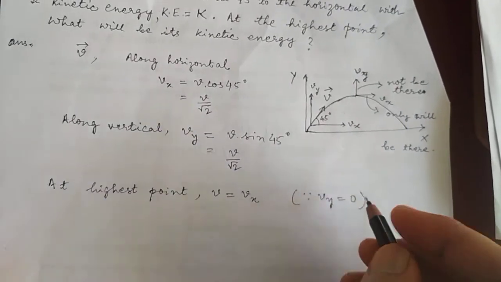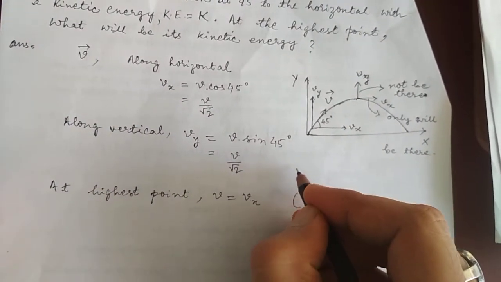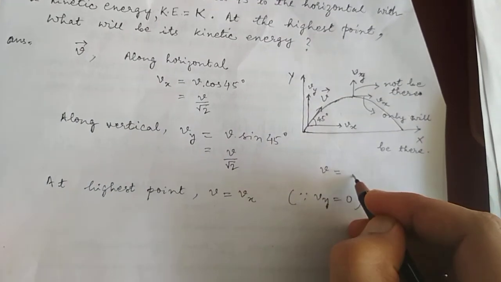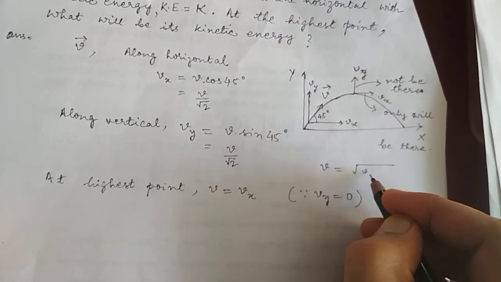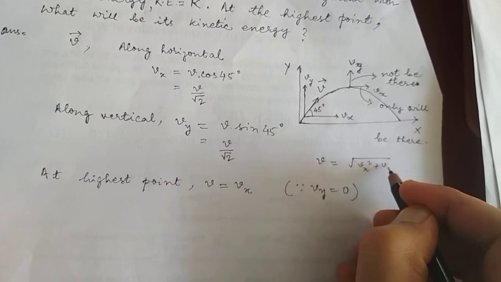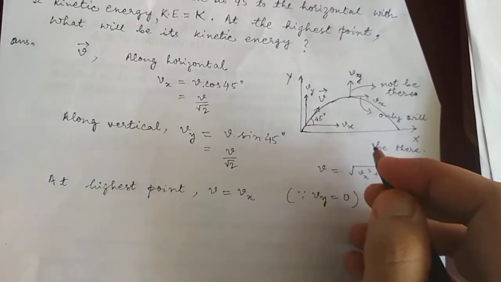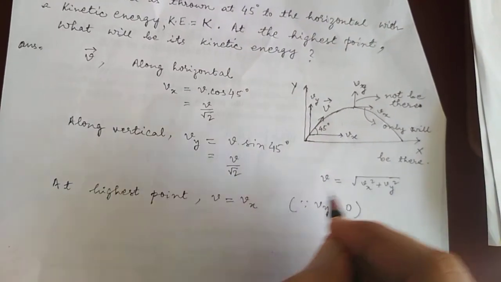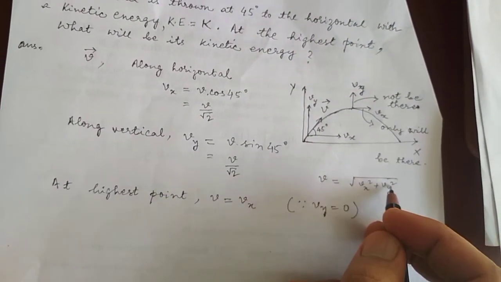Otherwise, at any other point, the magnitude of the velocity V would be root over of Vx square plus Vy square. But at the highest point we have only Vx, since Vy is 0.